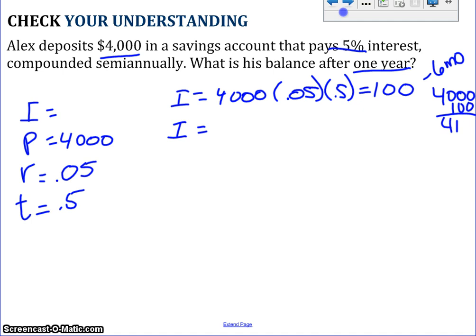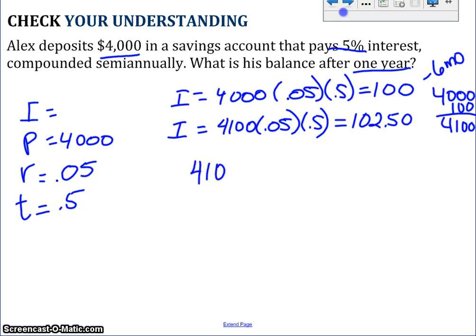My new principal is now 4,100 times 0.05 times 0.5. And I end up with $102.50. When I add that in, it's 4,100 plus $102.50. So my balance after 1 year is $4,202.50.